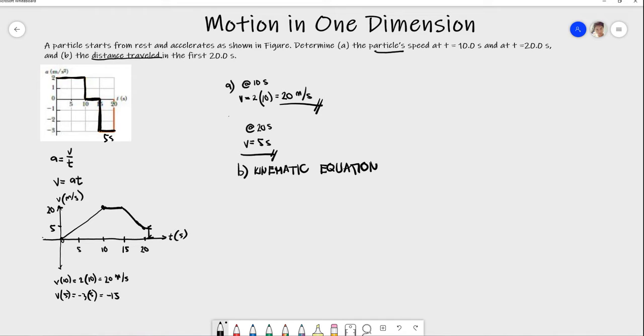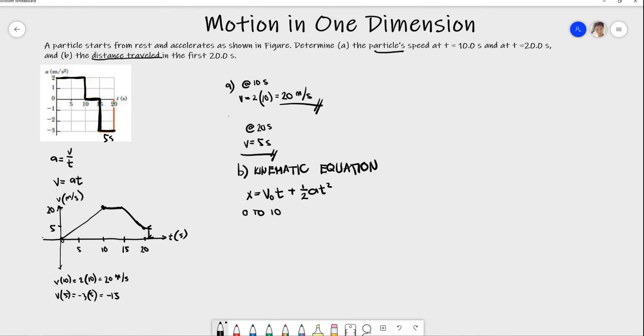That is x is equal to the initial velocity times the time plus 1/2 the acceleration times the square of the time. Then getting for the first 10 seconds, this one is from 0 to 10. From 0 to 10, what is the initial velocity?